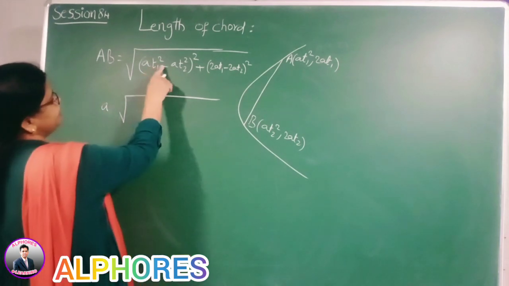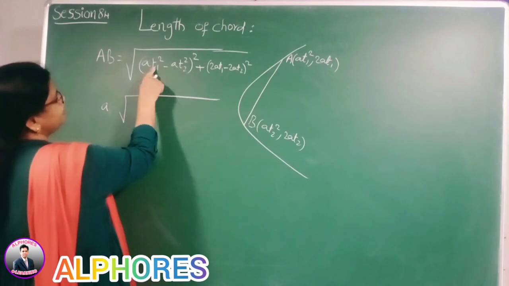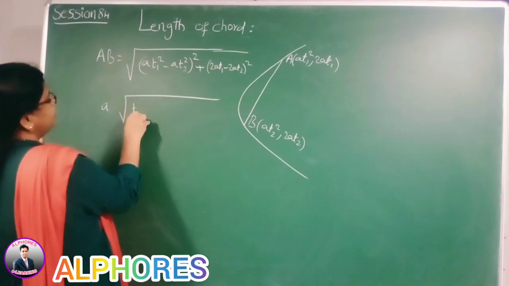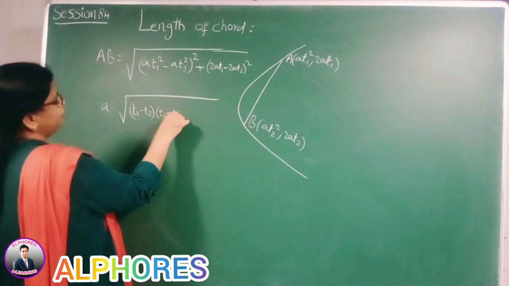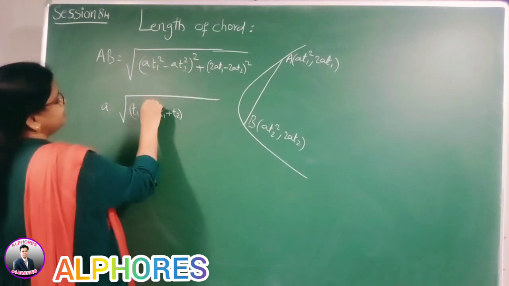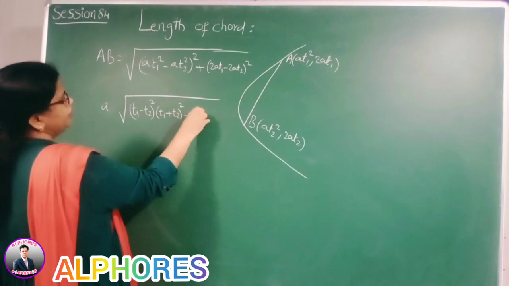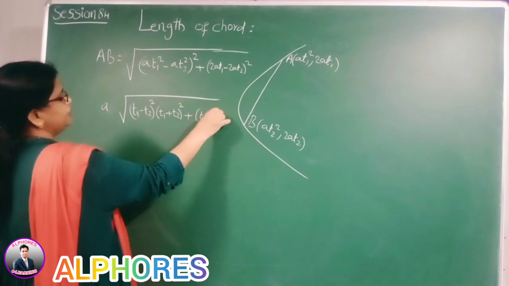And now you have t1 square minus t2 square. I am writing it as t1 minus t2 into t1 plus t2, whole square, and here 1 square, and this is t1 minus t2 whole square.